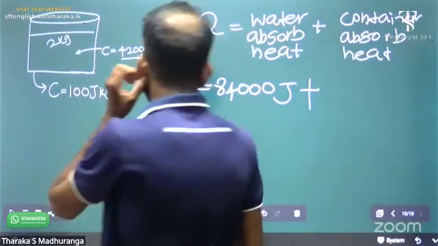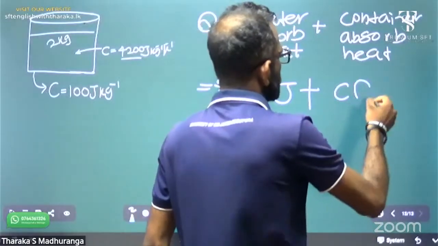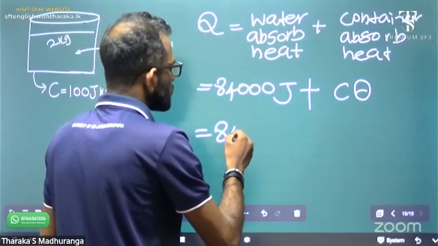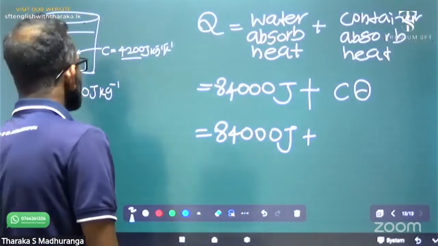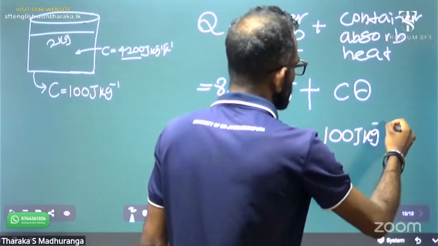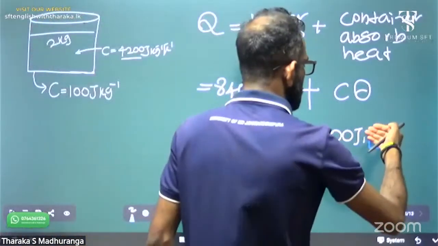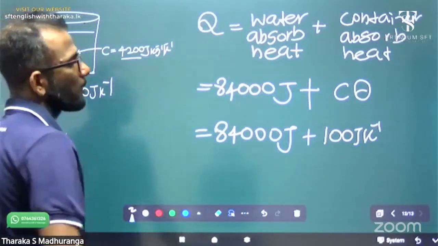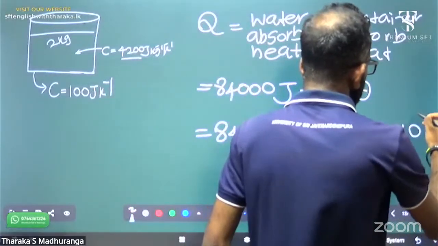Now container absorbed heat, the heat capacity is given, it is C theta. 84,000 joules plus heat capacity 100 J K minus 1, temperature difference 10 Kelvin.